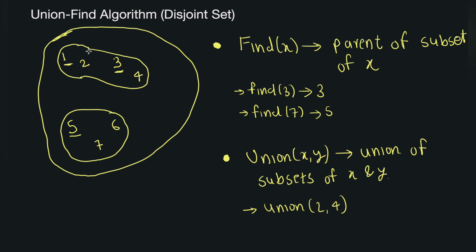So earlier we had two different subsets, with one being parent of one subset and 3 being parent of another subset. Now we'll have only one parent. So let's just say in this case 1 stays the parent and 3 loses its parentship.